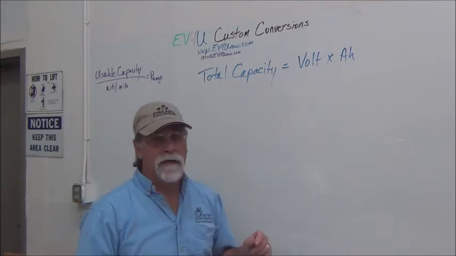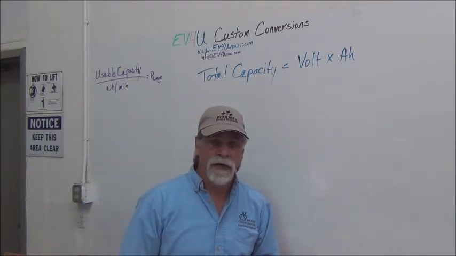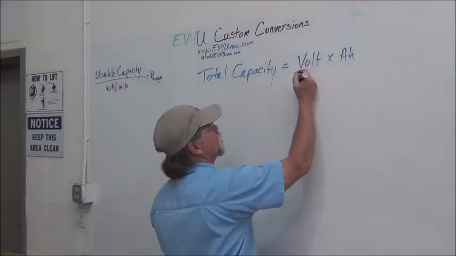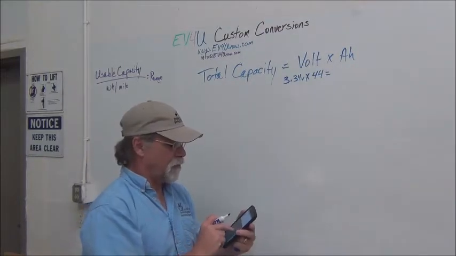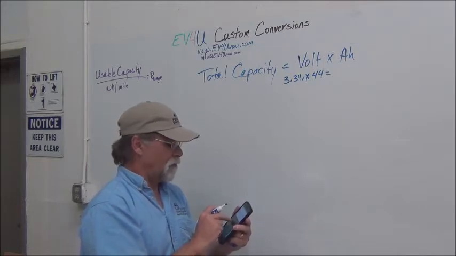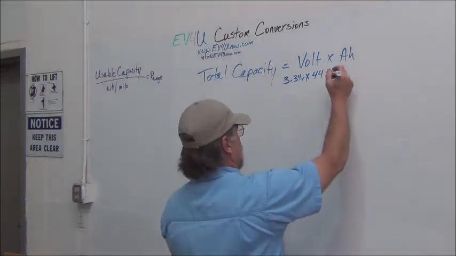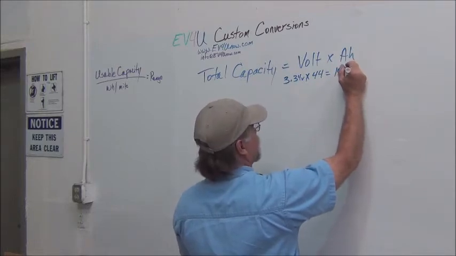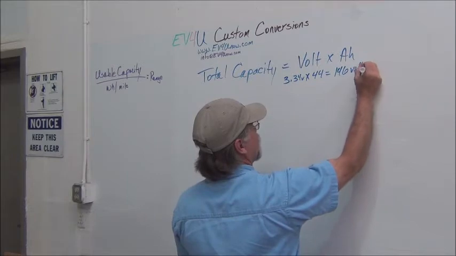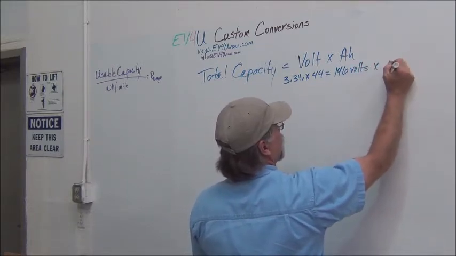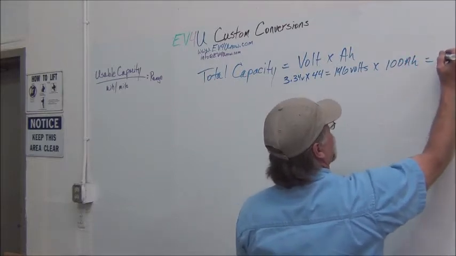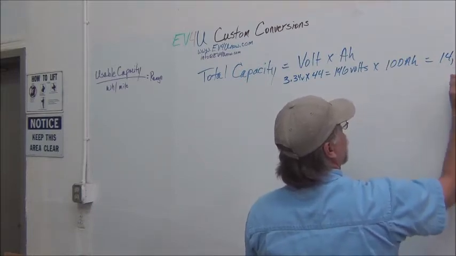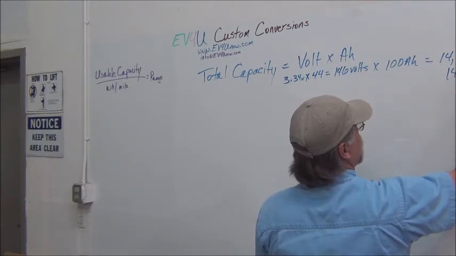So if you have 44 100 ampere hour cells, 44 cells, nominal voltage would be 44 times 3.34, basically 146 volts, 147, but I'm going to do 146 volts, times 100 amp hours equals 14,600 watt hours, or 14.6 kilowatt hours.